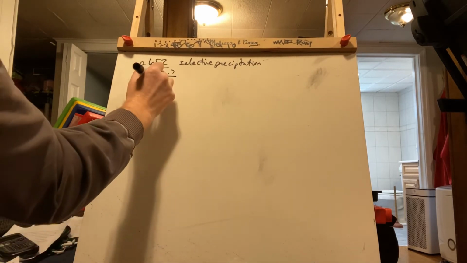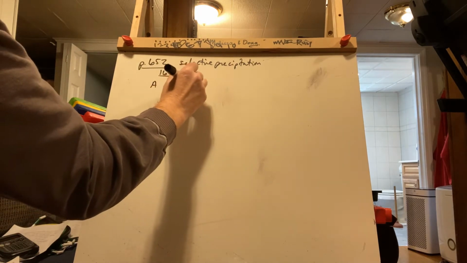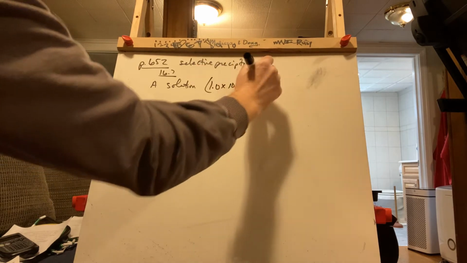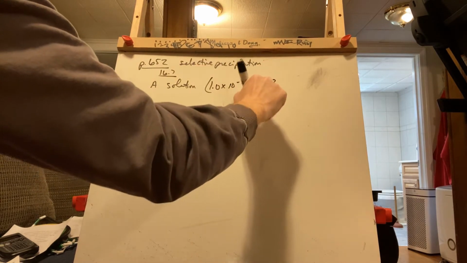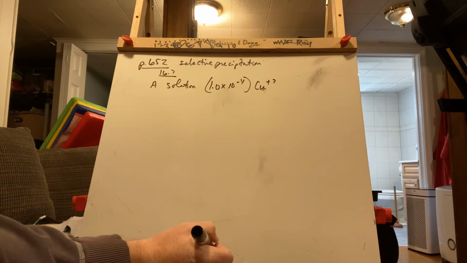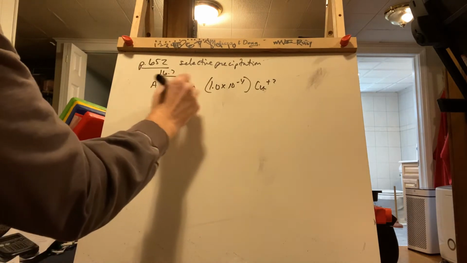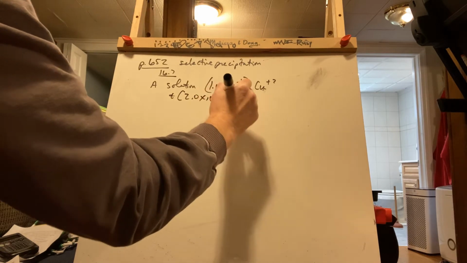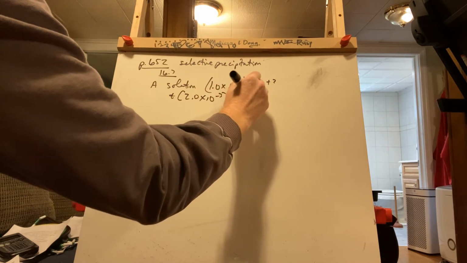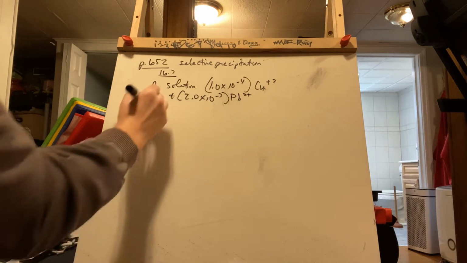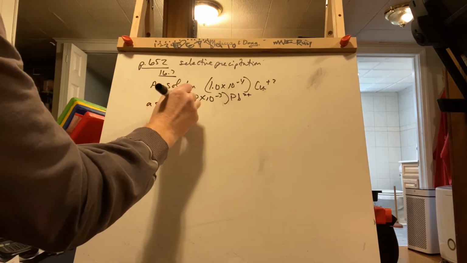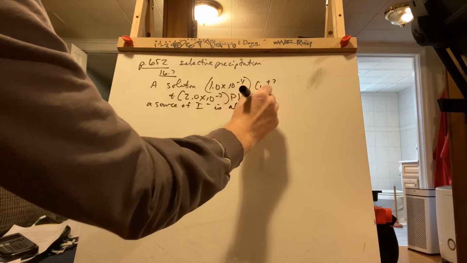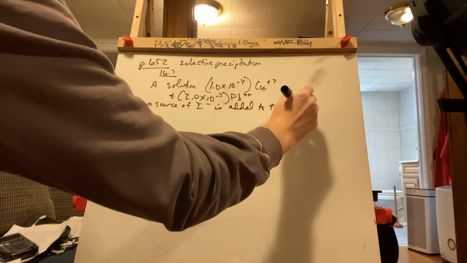So we have a solution that has 1.0 times 10 to the negative fourth molarity Cu plus ion, and 2.0 times 10 to the negative third molarity Pb2 plus. A source of I minus is added to the solution.